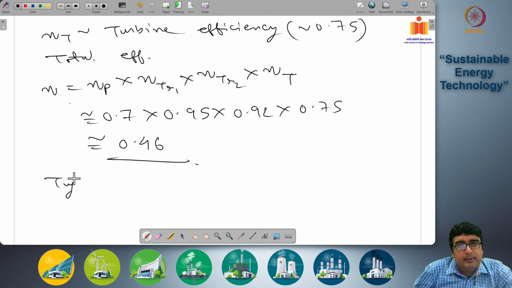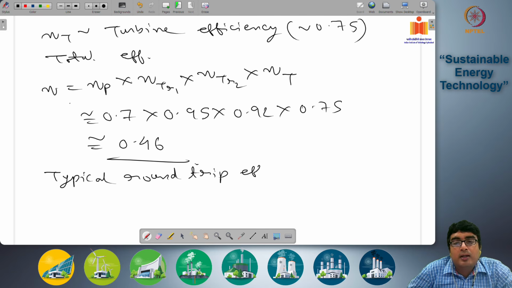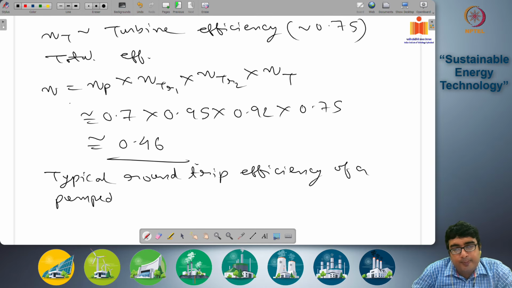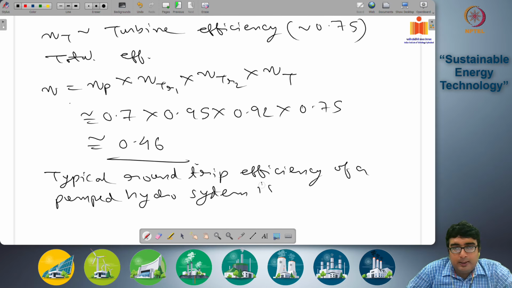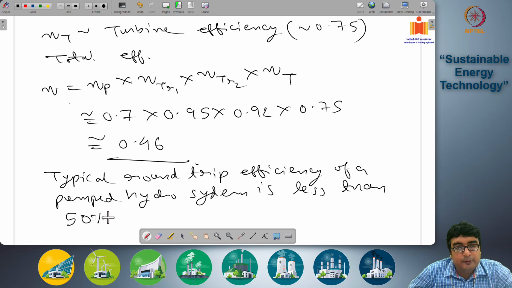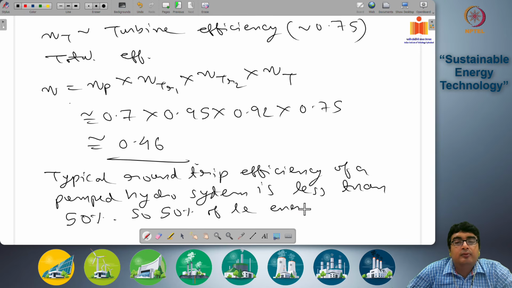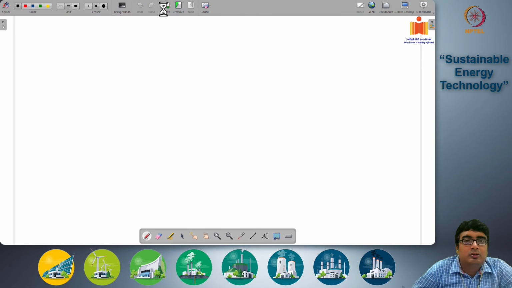So the typical round trip efficiency of a pumped hydro system is less than 50%. So 50% of the energy is being lost.